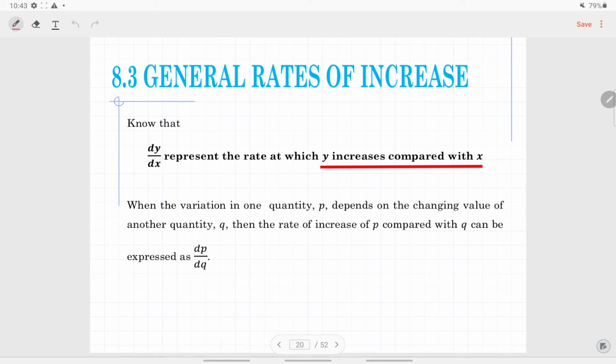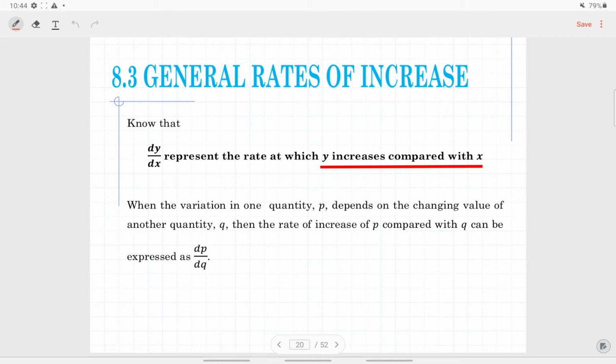We continue to subtopic 8.3, the general rates of increase. We know that a derivative is all about the change, which shows how fast something is changing. We call it the rate of change at any point.